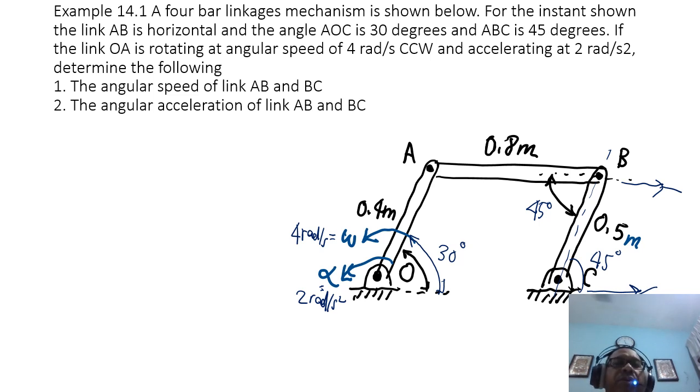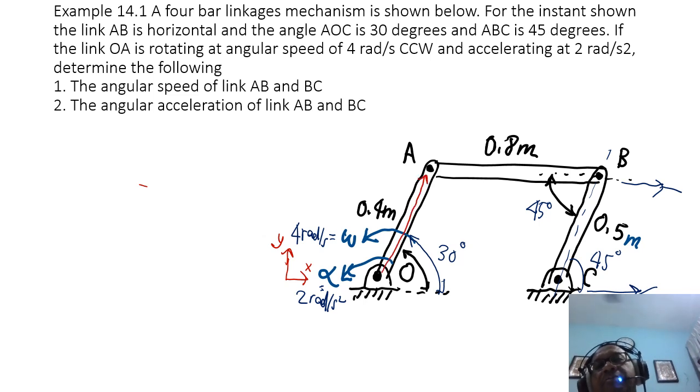So the first thing we do is put our coordinate system, x and y. The second thing we do is draw the position vectors, it helps me in my thinking.